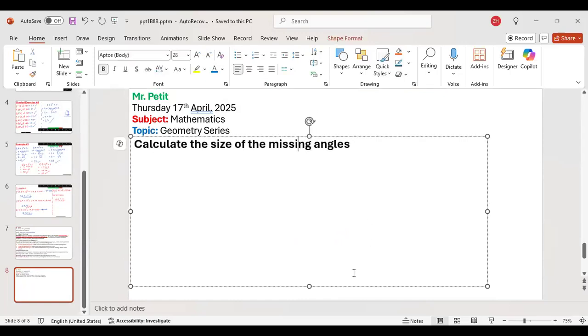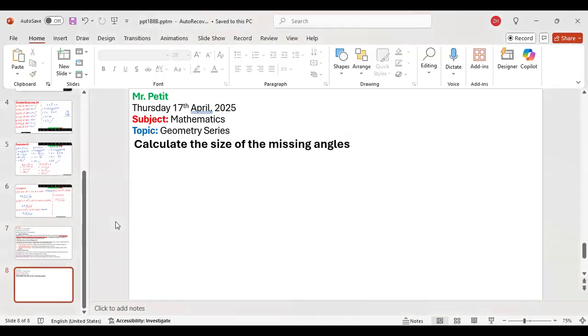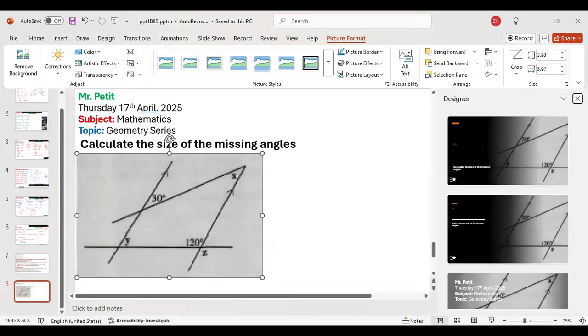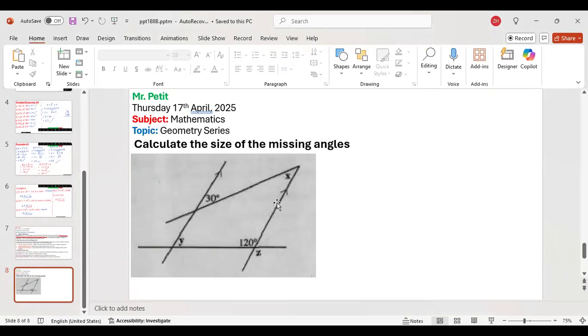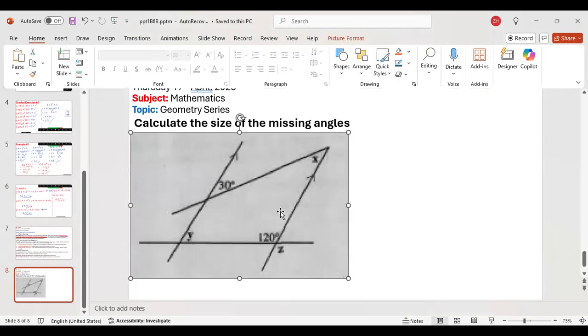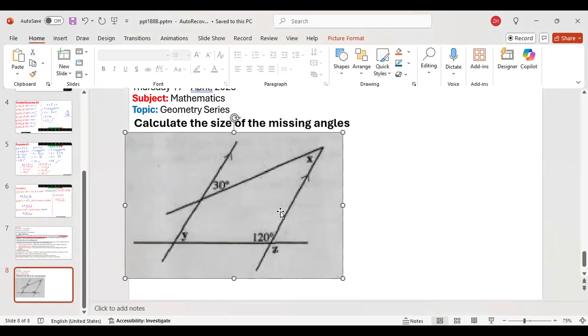All right, so I want to draw this image. But in order to draw this one, I want to actually draw it. So this is the diagram that I got from a past paper, but I'm going to draw it out properly for you all. Very kind, I know.